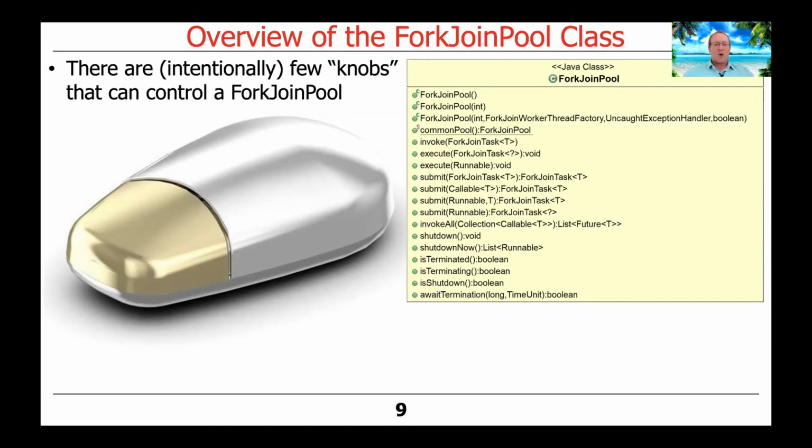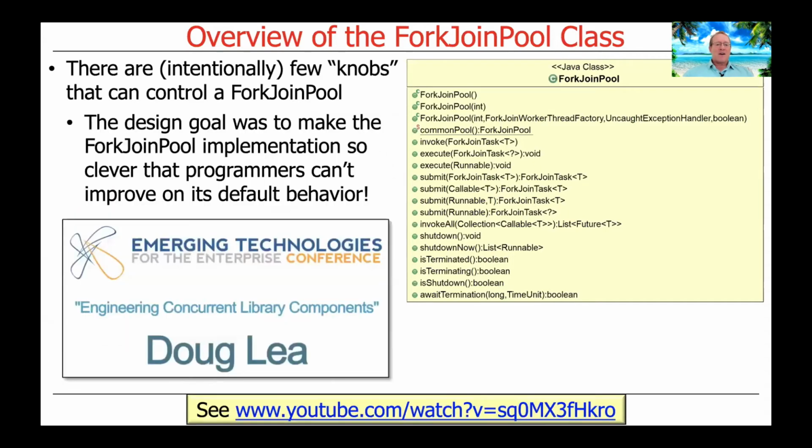There really isn't a whole lot more. It's kind of the equivalent of the old one-button mouse that was popular with early versions of the Mac. And the reason why they kept the interface so simple was so that programmers don't need to worry about tuning the way in which the fork join pool behaves.